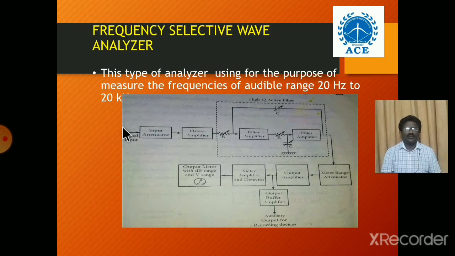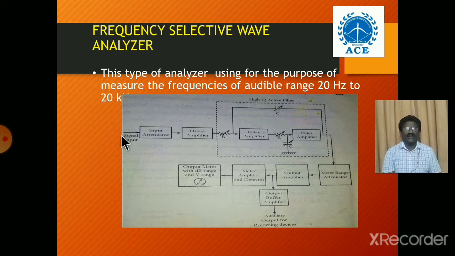So these are the applications. Here we have classified wave analyzers into two types: the frequency selective wave analyzer and the heterodyne wave analyzer.